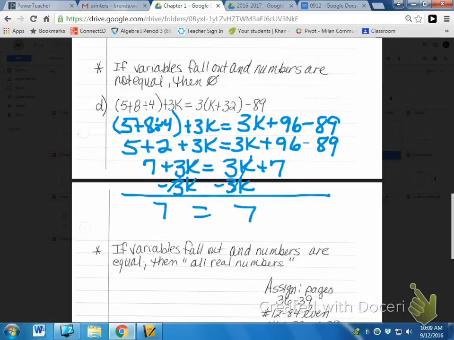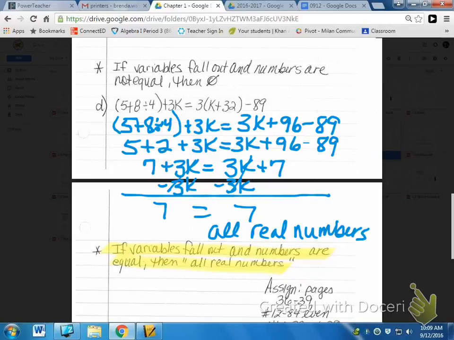Mytree, I want you to read this that I'm highlighting down here. If variables fall out and numbers are equal, then all of them. Okay, so 7 equals 7. So on this, we're going to write all real numbers.